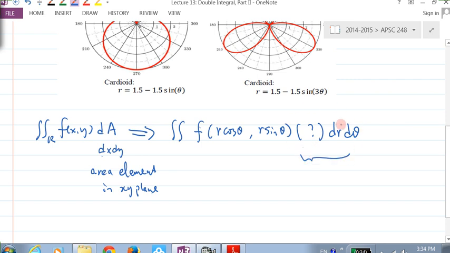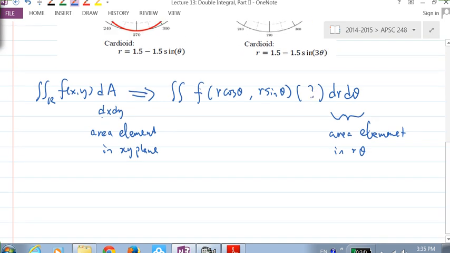This portion here should be an area element in r theta. So there's a scaling here between this area and that area, but they should be the same kind of area elements. Okay, so let's figure out this question mark here.